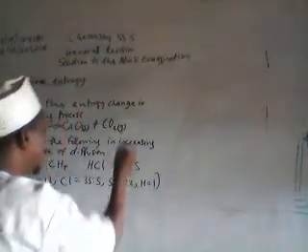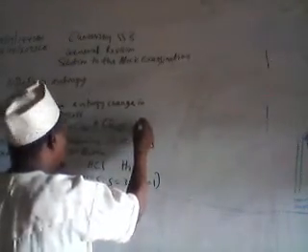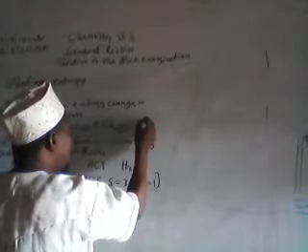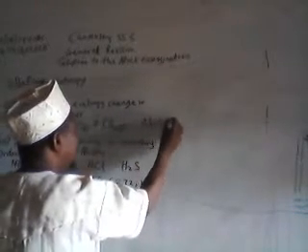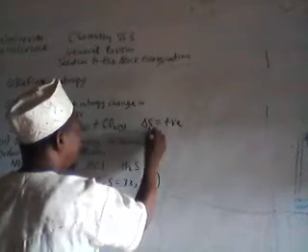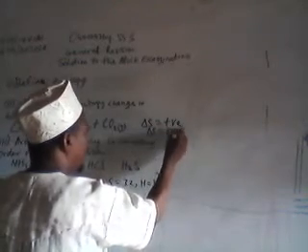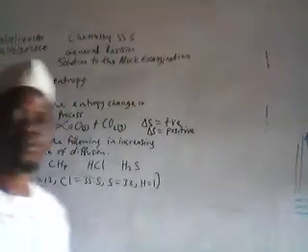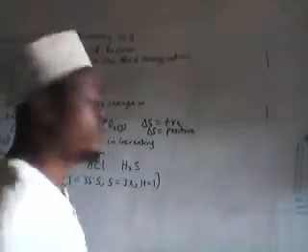Therefore, entropy has increased, and that means the change in entropy is positive. So the answer here is you just write delta S is positive. That will be your answer.